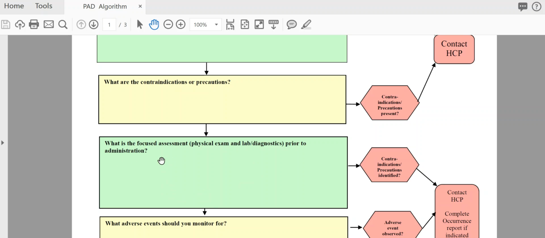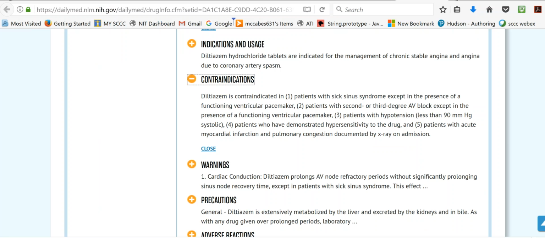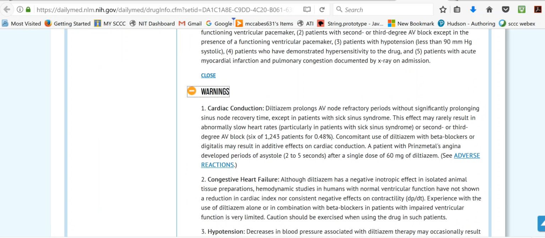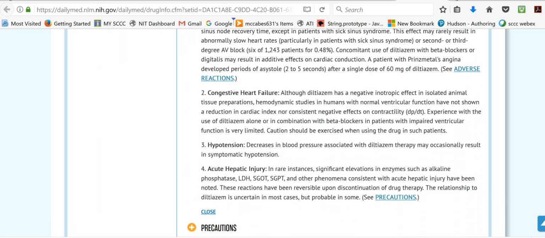So if we see evidence that our client is experiencing the MI, the bradycardia, or the heart failure, then we'll seek clarification. We'll also notice that sometimes there's lab diagnostics that we have to be aware of. So looking at the warnings here, we'll see if there's anything here we need to be concerned about. And it says acute hepatic injury.